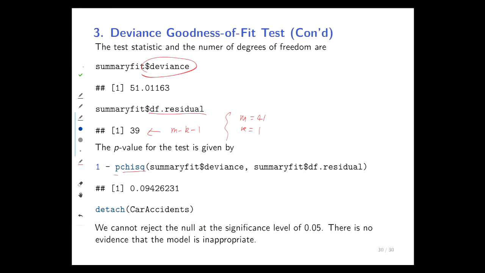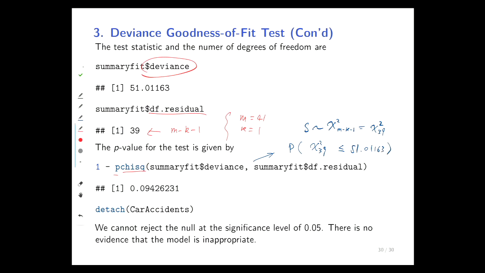So you can use this function to obtain the probability that S, which follows the chi-square distribution with m minus k minus 1 equals 39 degrees of freedom, is smaller than the test statistic, which is the deviance, and here it is 51.011.